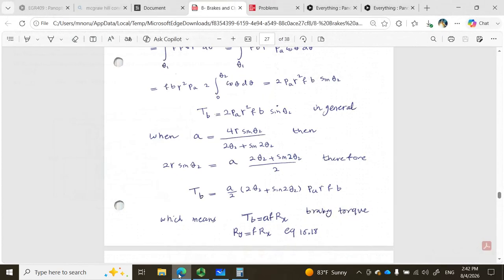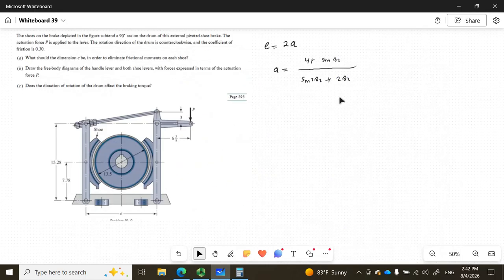If A is picked like this, then your shoes are not going to be rotating, no moment on those. So part A is easy. We just substitute into this formula.